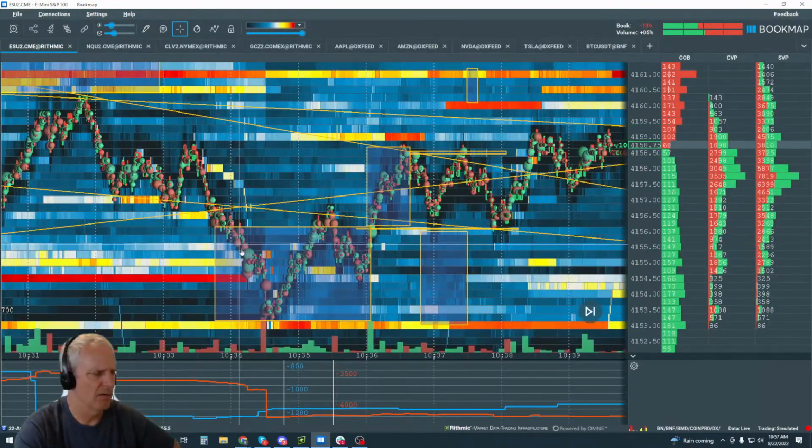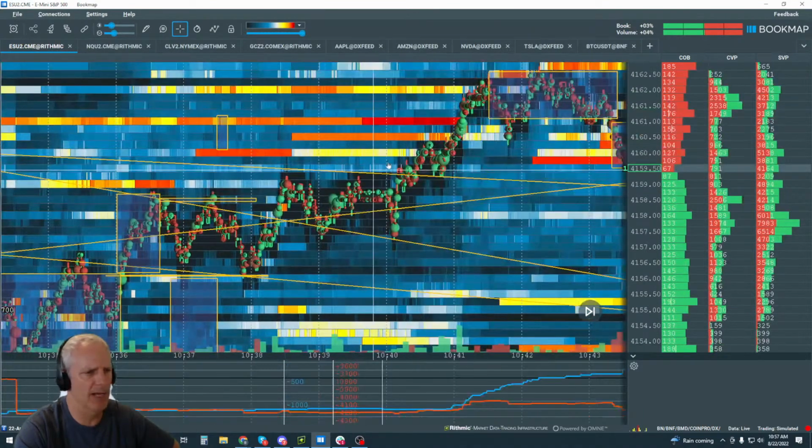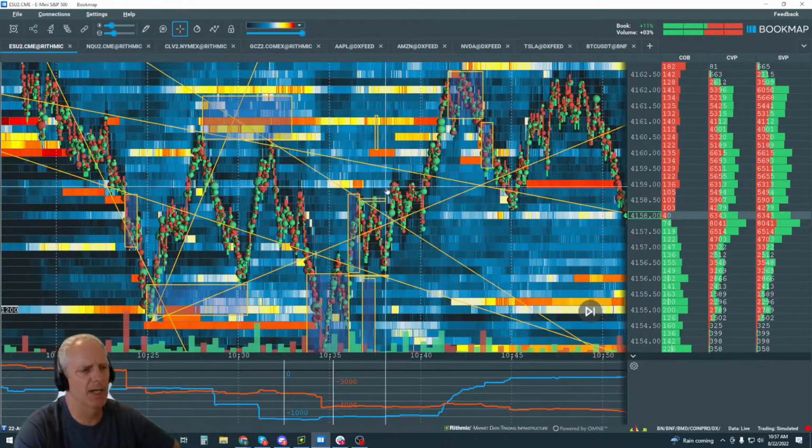Heavy selling, stop run, then the heavy buying here, and then the move up. Here's our retest, and again, heavy buying, looking for the breakout. And then we coupled that with our higher time frame.